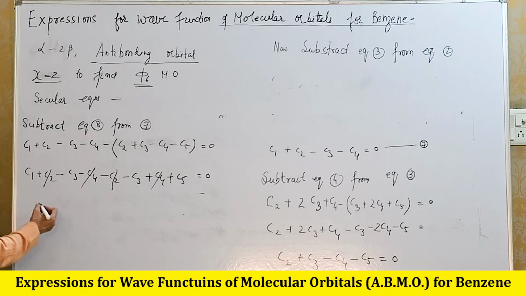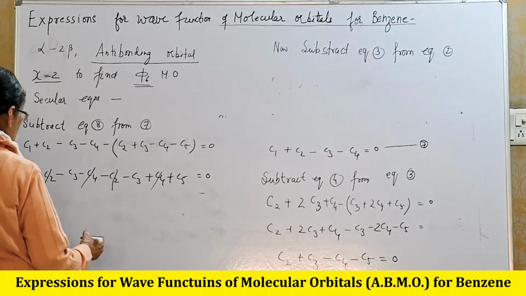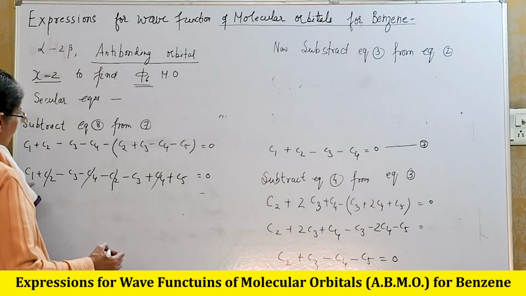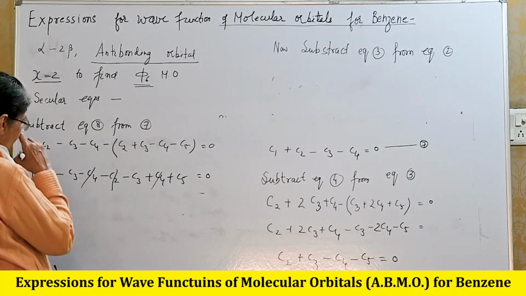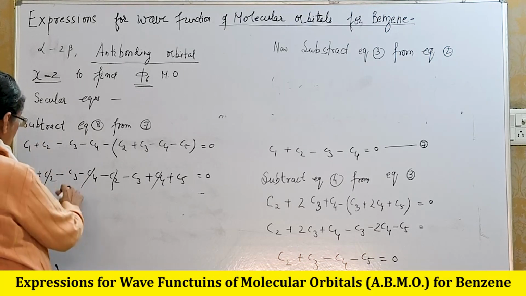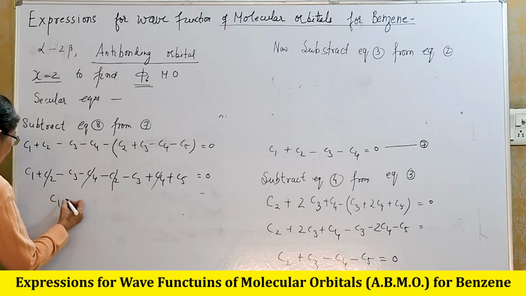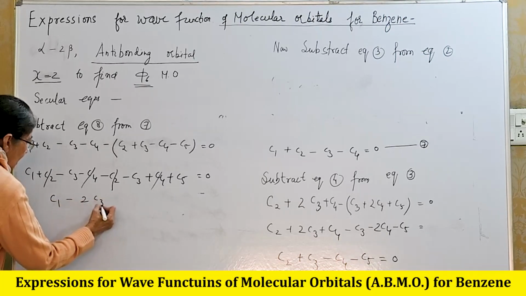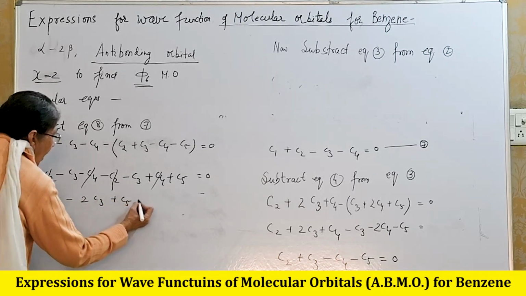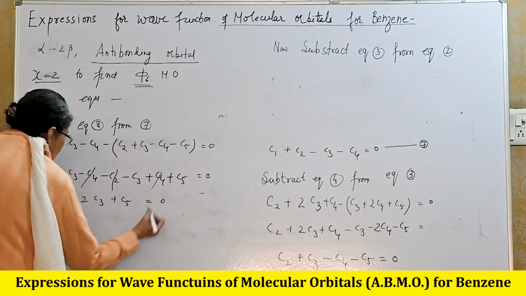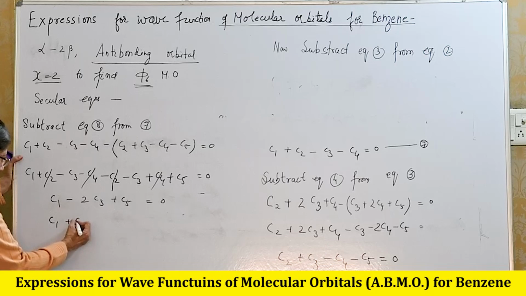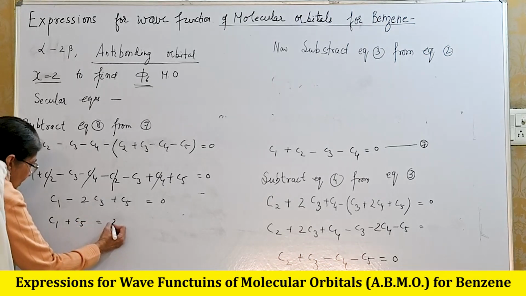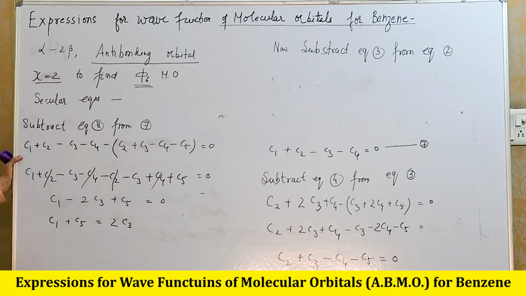Then here we get C1 minus C3, C1 minus 2C3 plus C5 is equal to 0, or we can say that C1 plus C5 is equal to 2C3.